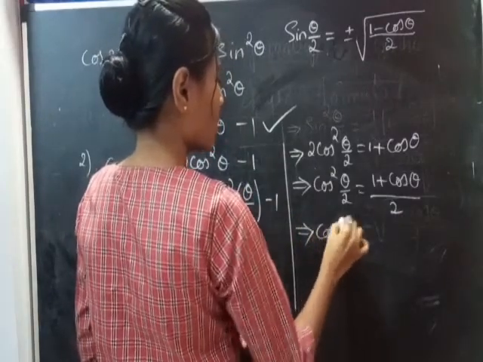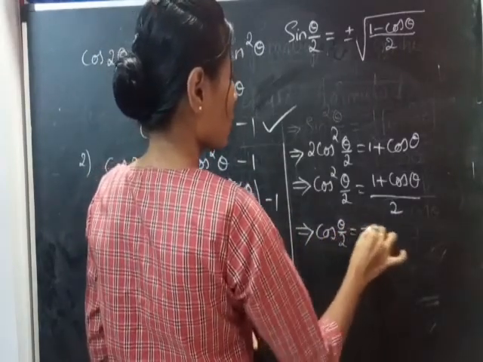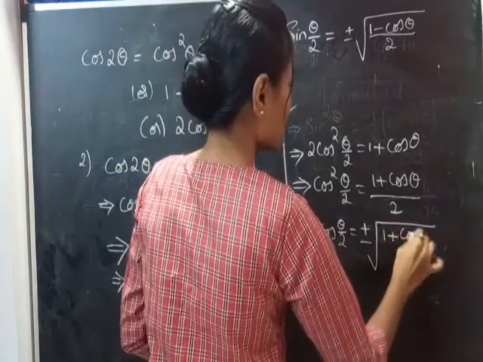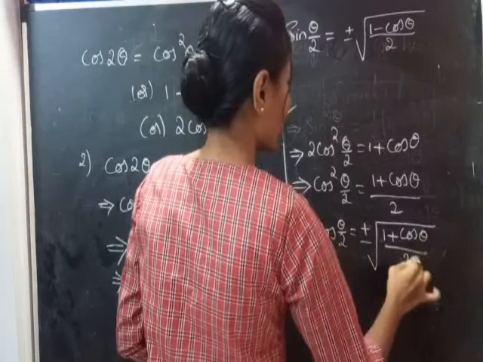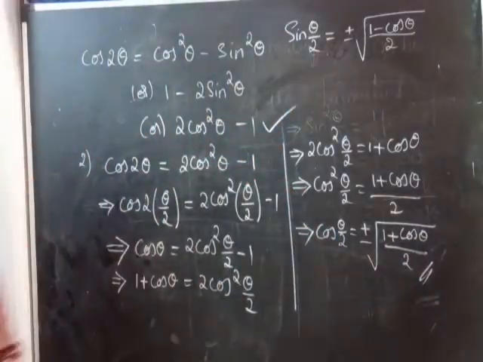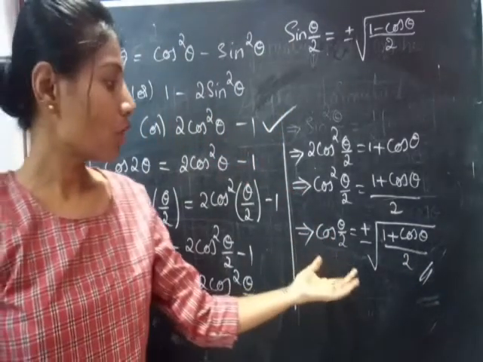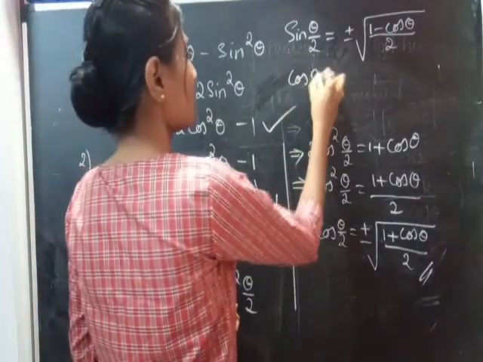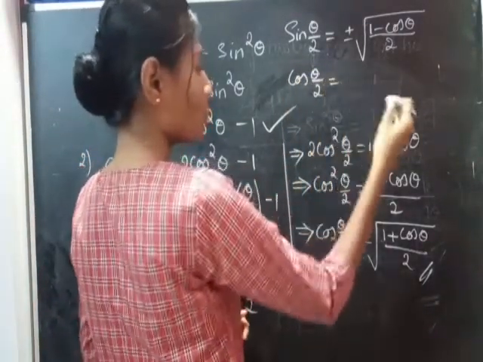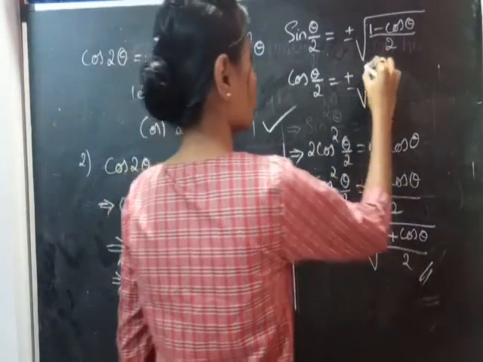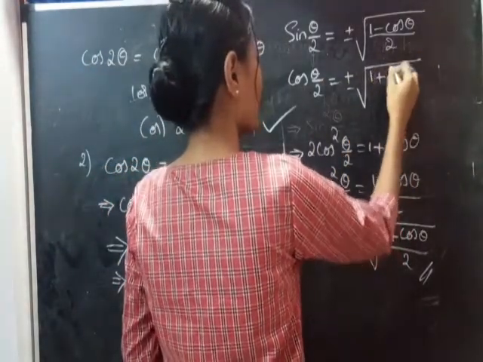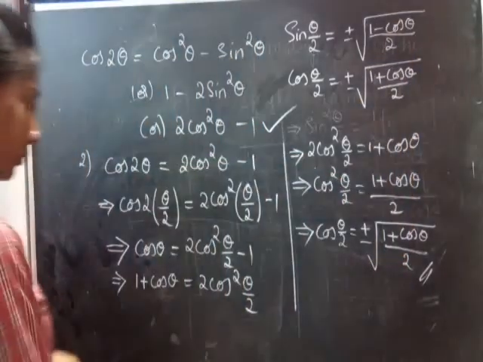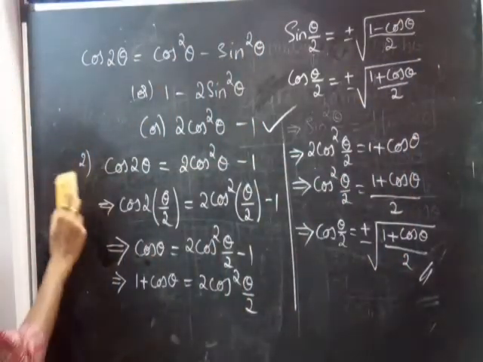This becomes cos theta by 2 is equal to plus or minus root over 1 plus cos theta by 2. Okay. So this is the half angle formula for the cosine function. So you got cos theta by 2 is equal to plus or minus root over 1 plus cos theta by 2. Okay. So next.